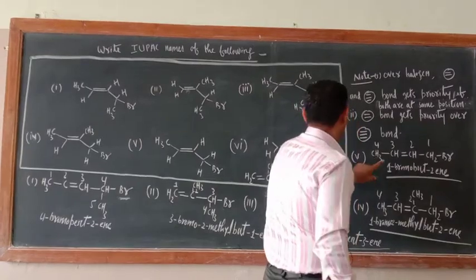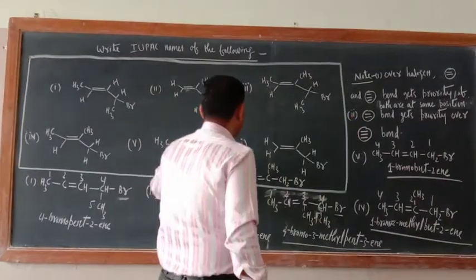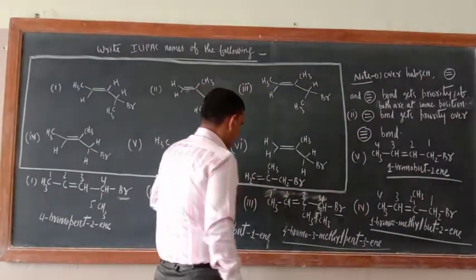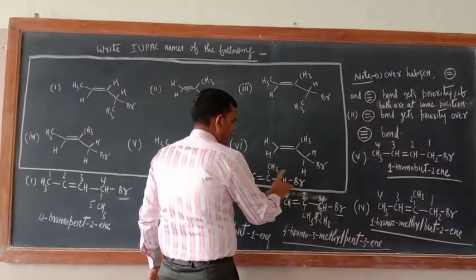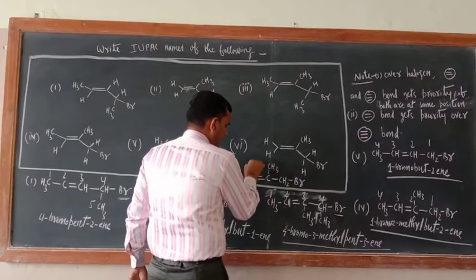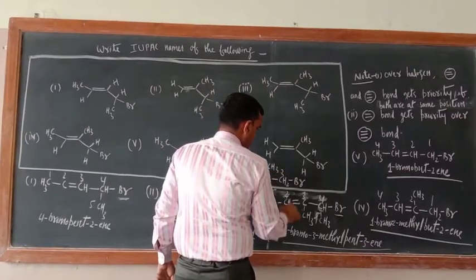Okay, here no problem. At 5th number here, now 6th number I wrote here. So just see here again, at 1 position only, so double bond will get the priority. 1 number, 2 number, 3 number.